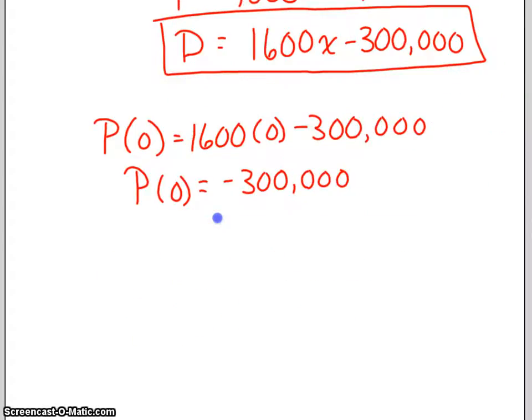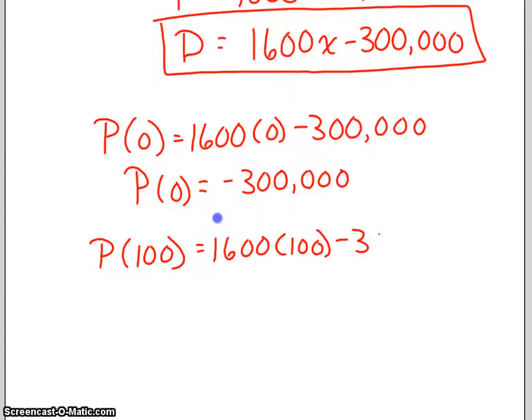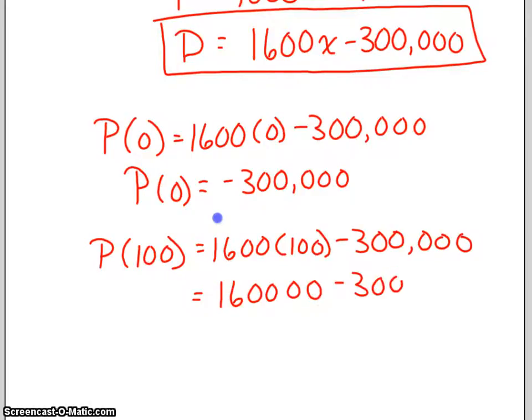So if you make, let's say, 100 items and you actually sell 100 items, let's see what happens here. We're going to add 2 zeros here. So we have 160,000 minus 300,000. We need to figure out what that is.